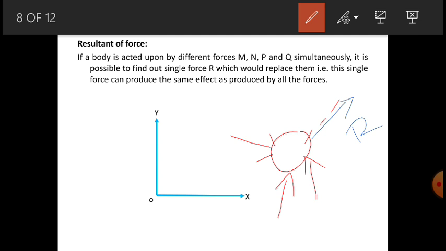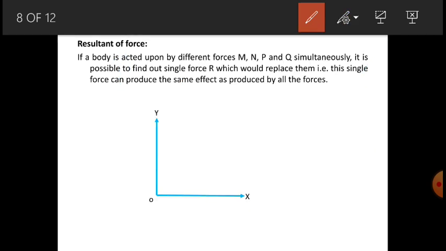It will make the body move in the same direction which the other three forces are making it move. This force is called the resultant force.